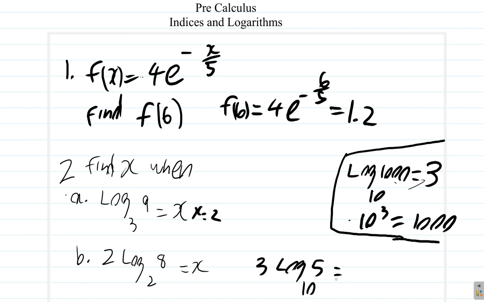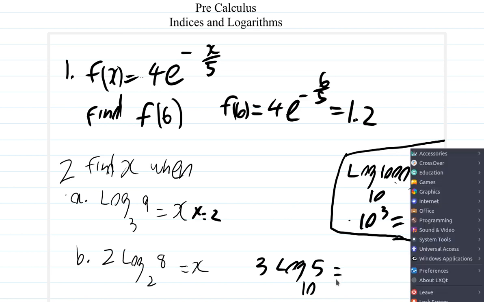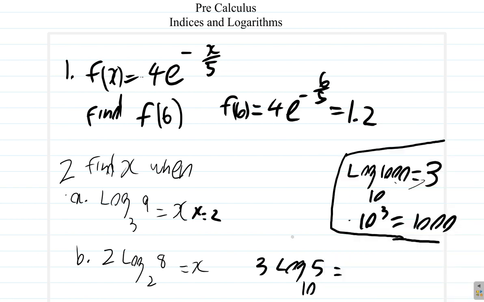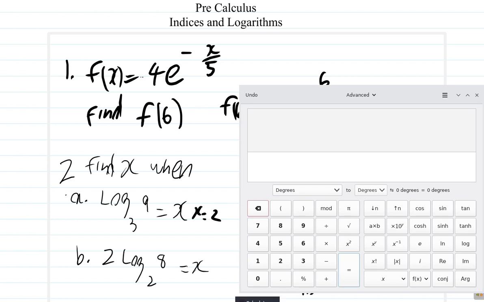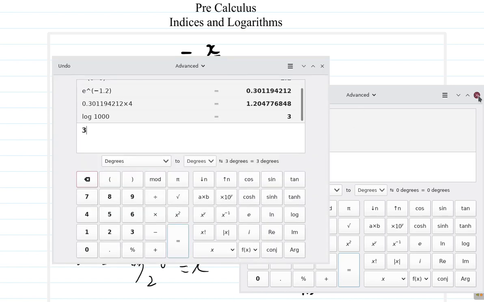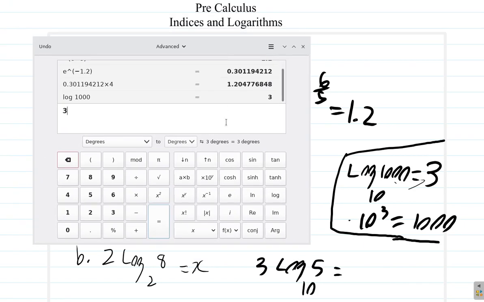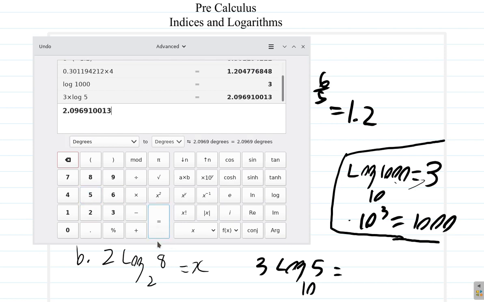What is that equal to? We're using common logs, that is logarithm with a base of 10. So let's get back to our calculator and see what happens here. What we have is, let's say 3 multiplied by the log of 5 equals 2.0969.